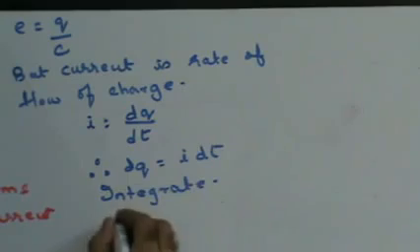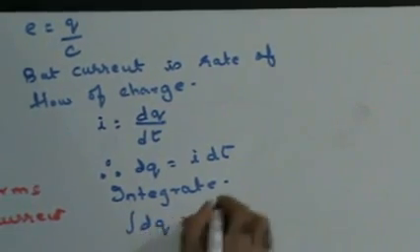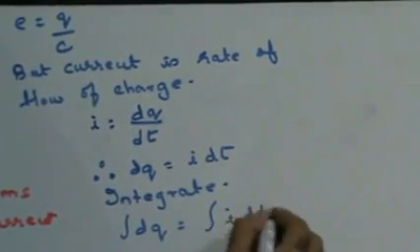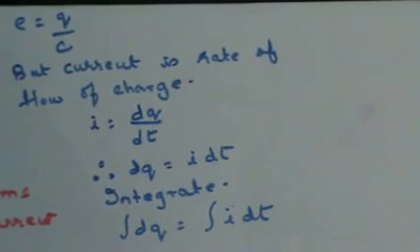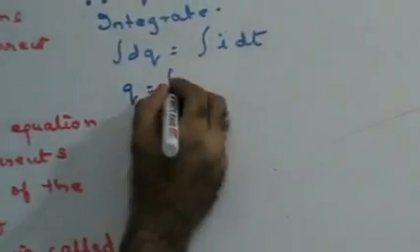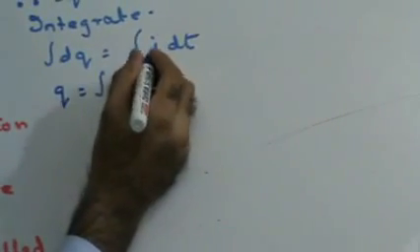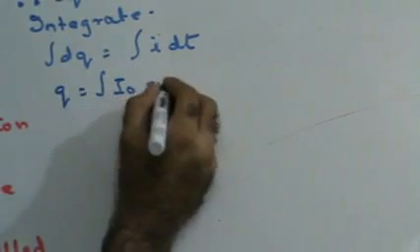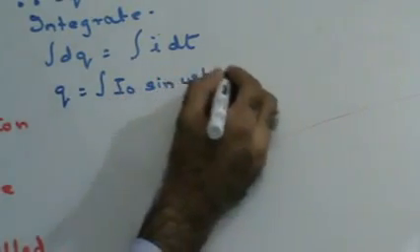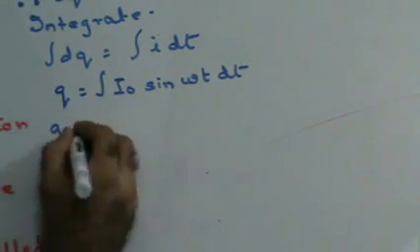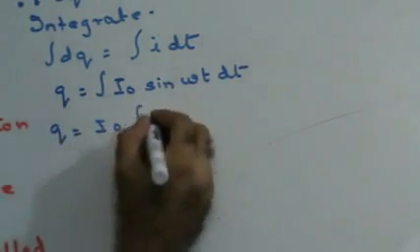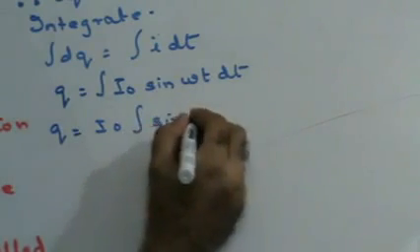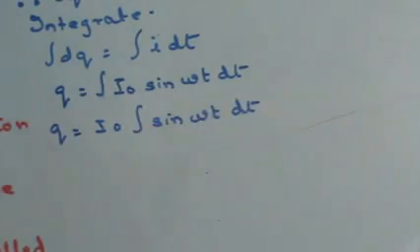If I integrate, I'll get integral of dq is integral of I dt. Integral of dq is going to be nothing but q, and the integral of small i, the instantaneous current, we had said is nothing but I0 sine omega t dt. Take I0 out, constants come out, integral of sine omega t dt.